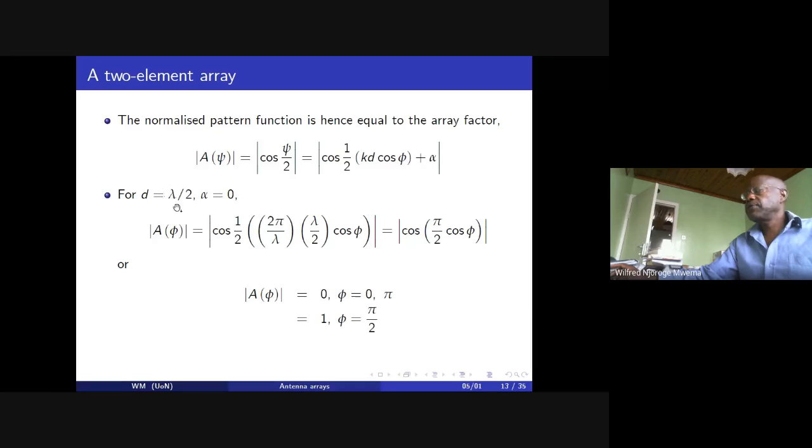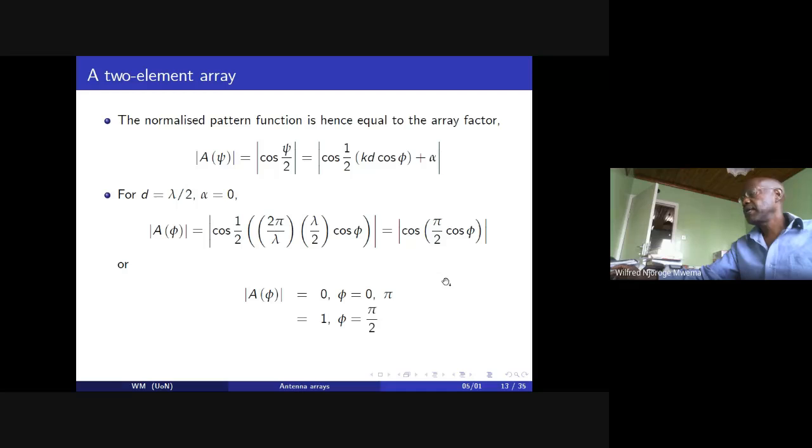And for d equal to lambda by 2 and alpha equal to 0, you can see that the array factor is just given by that equation there, and we get a value of cosine of pi by 2 cos phi. In other words, it's going to be 0 in the direction phi equal to 0 and pi, and it's going to be unity in the direction of pi by 2.